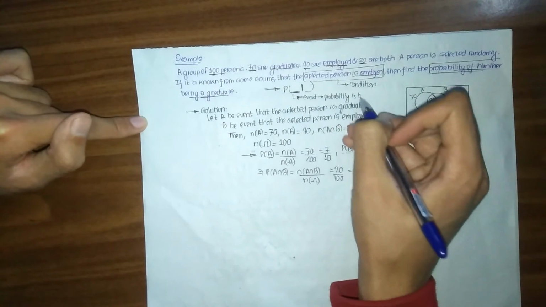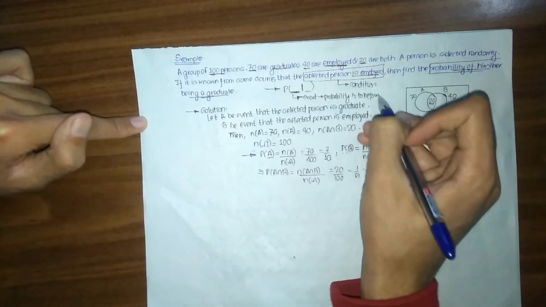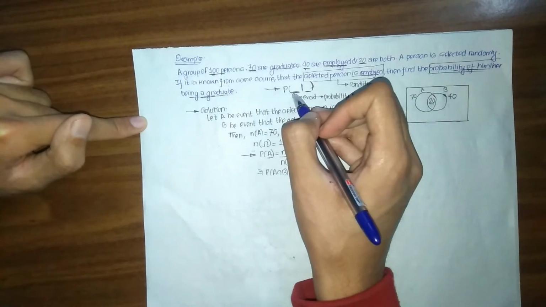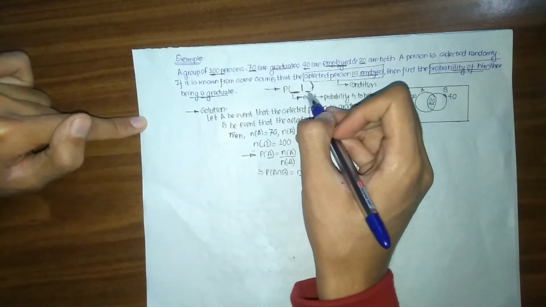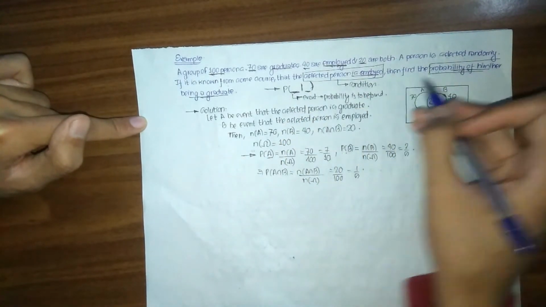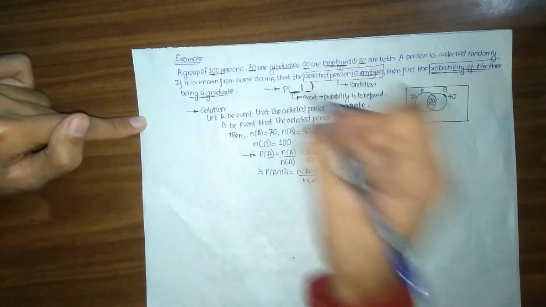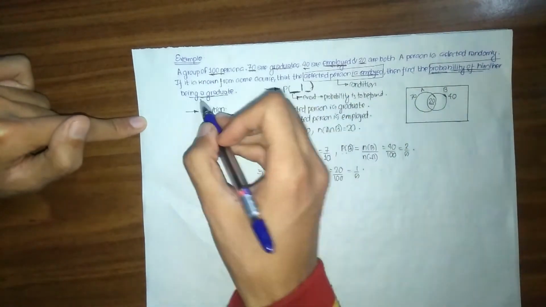This can get quite confusing sometimes, which event comes before the bar or after the bar. Simply, the first event is the event whose probability is to be calculated.